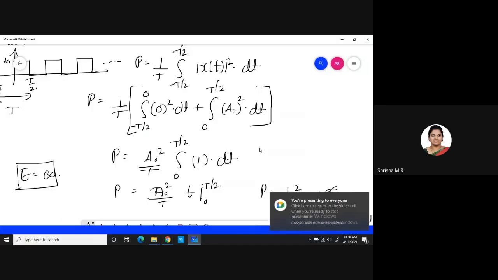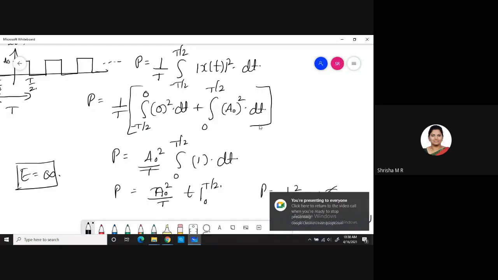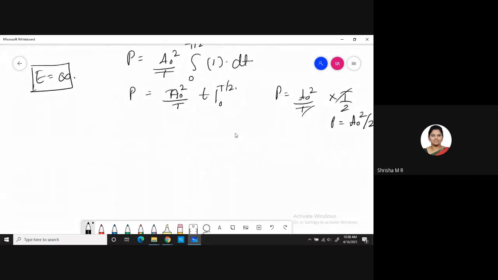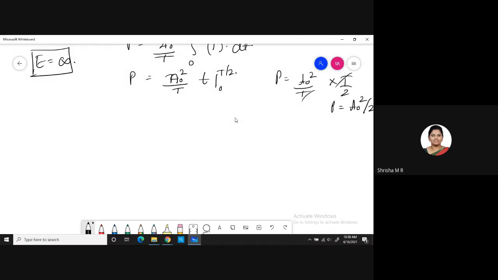So we'll find the power of a sine wave. Take down: find the power of x of t is equal to A naught sine omega naught t. So try to find the power of this signal.